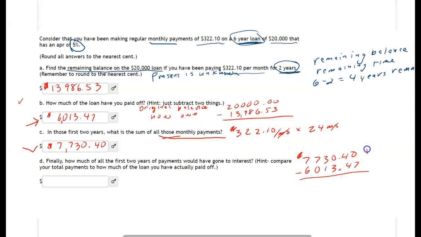This is your total, and this is what went to what's called principal, which is how much your loan went down by. So we take the $7,730.40 and subtract the $6,013.47, and that gives us $1,716.93.